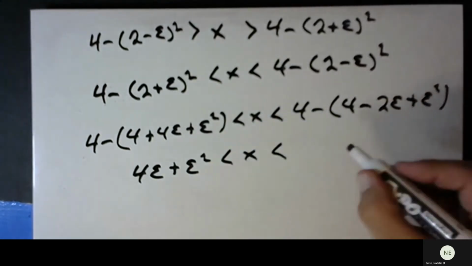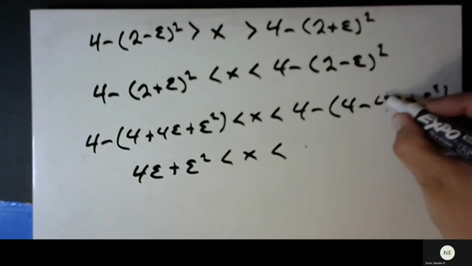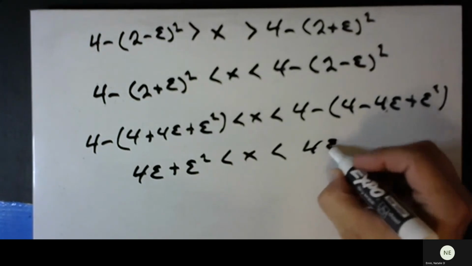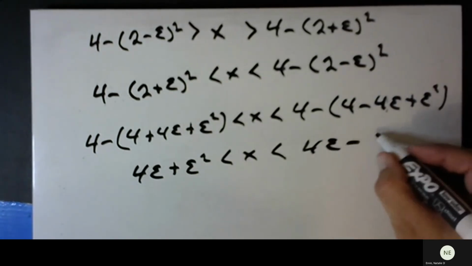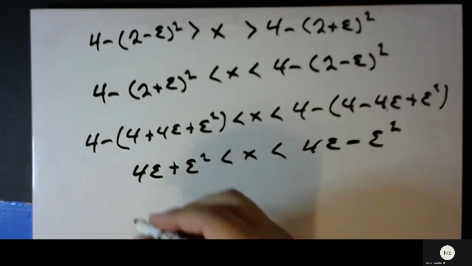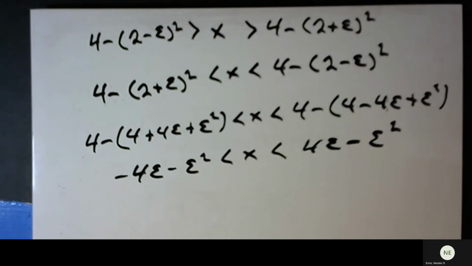And then we have, oh, this is a minus 4 epsilon. Oh, but then the minus and the minus becomes a plus. We have 4 epsilon minus epsilon squared. And this one also has the minus and the minus.